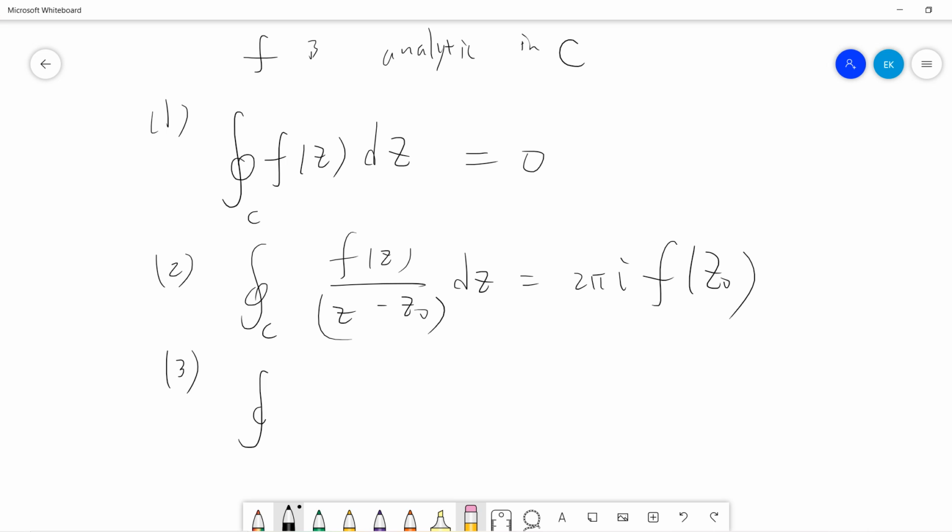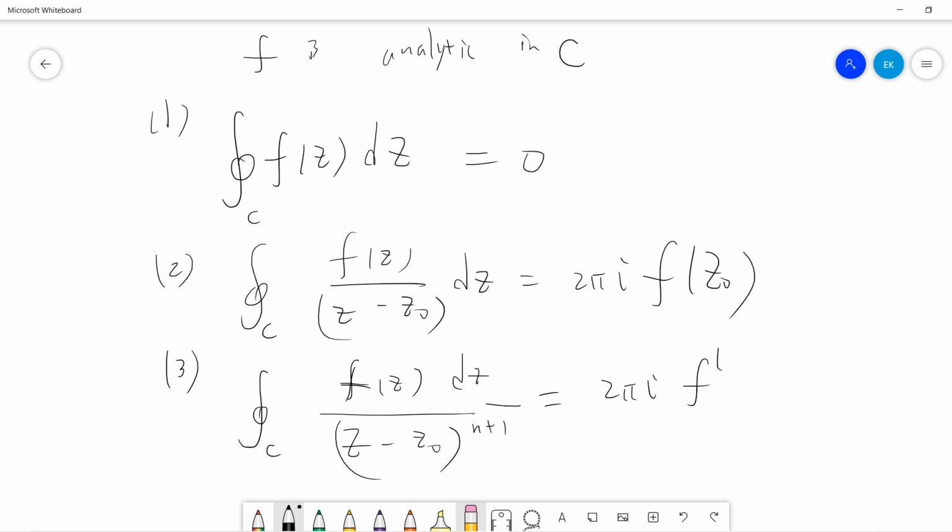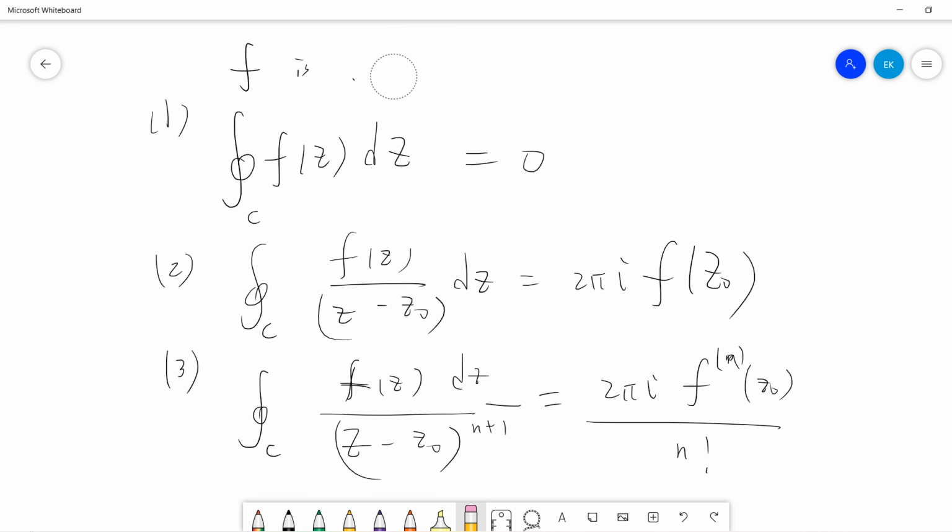Also a cute third form, the integral of f of z over (z minus z0) to the n plus 1, dz will be 2π i f^(n)(z0) over n factorial. Okay, so that's, clearly, very carefully, f is analytic on C. Okay, that's it.